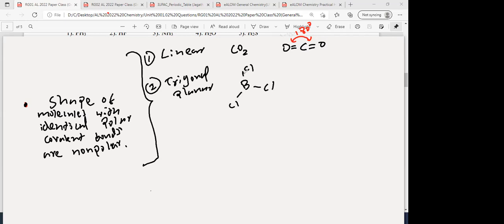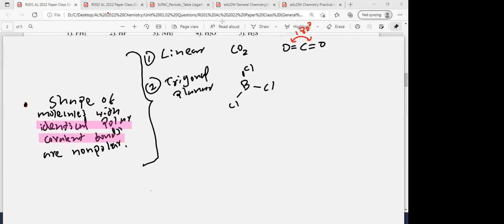This is like what you did in physics: the equilibrium of three inclined forces, the resultant of three coplanar, non-parallel forces. Each B-Cl bond is an identical polar covalent bond. BCl3 has identical polar covalent bonds. This word is very important: all the bonds are identical and they are covalent.